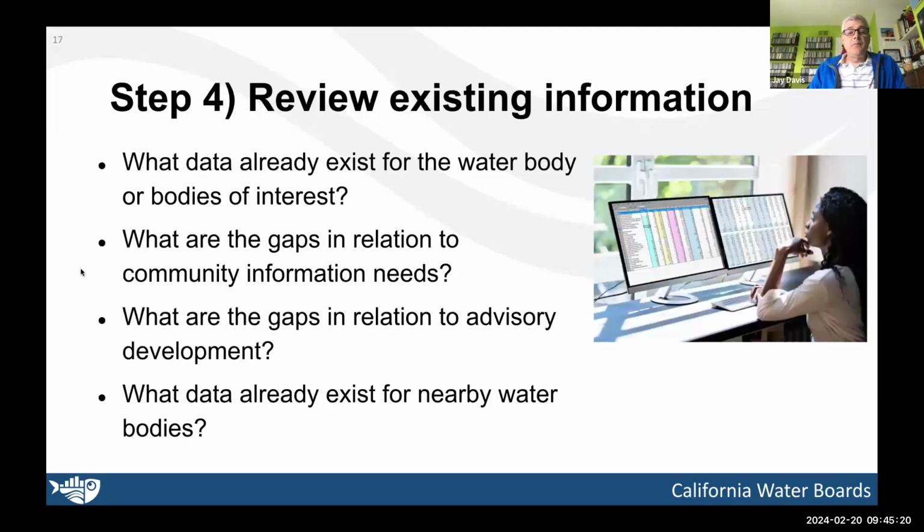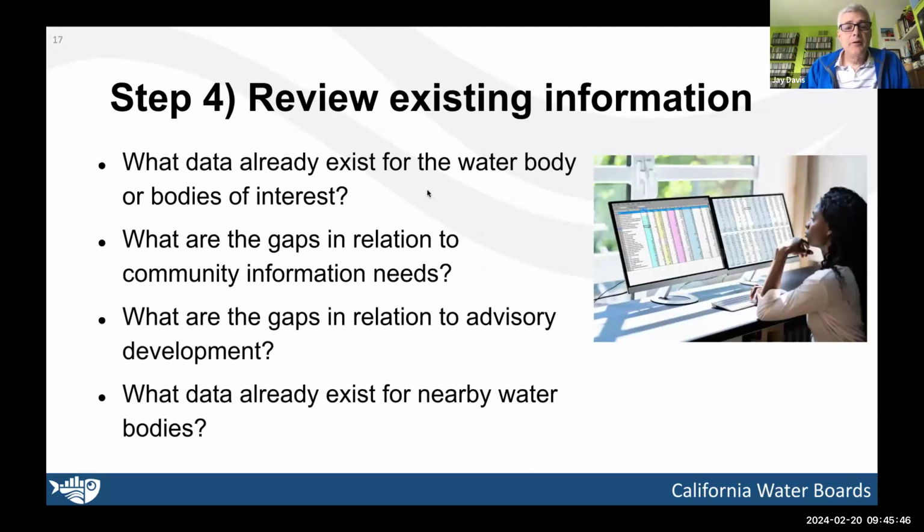Okay, so you've got your questions. A key step early on is knowing what existing information is out there and reviewing it. SWAMP has generated a lot of data across the state and is a great reference data set.